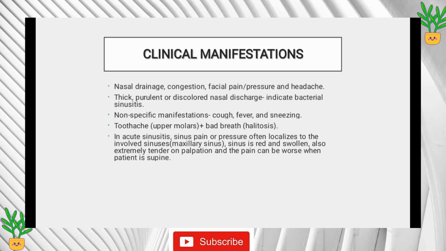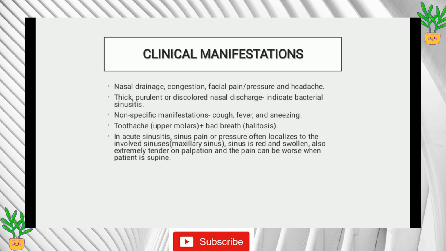Next, we are talking about acute sinusitis now. What happens in acute sinusitis is the patient will have pain or pressure in the sinuses, which often localizes only to the involved sinus, that is preferentially the maxillary sinus.